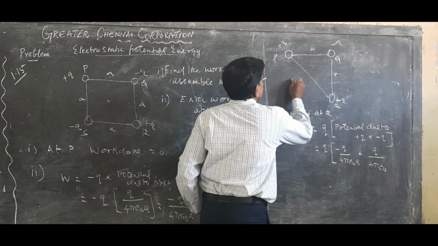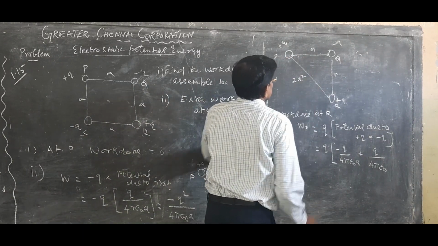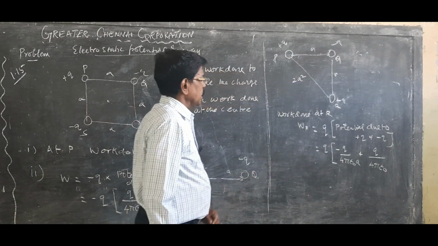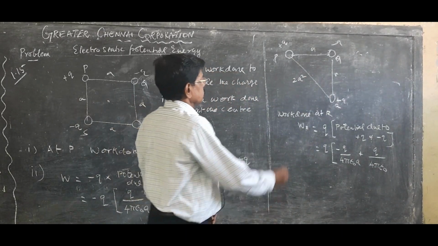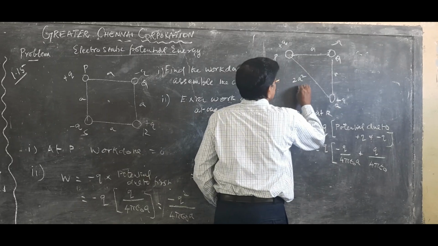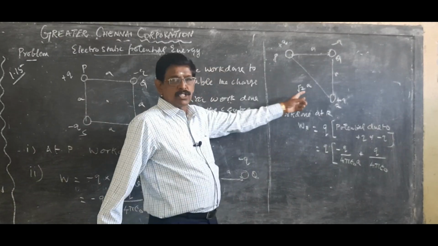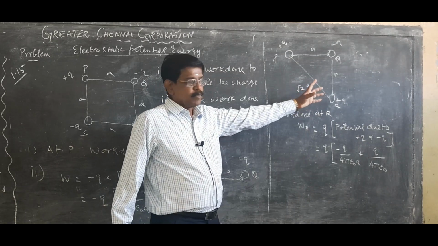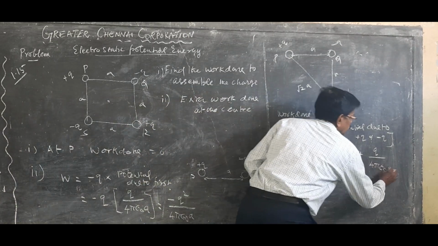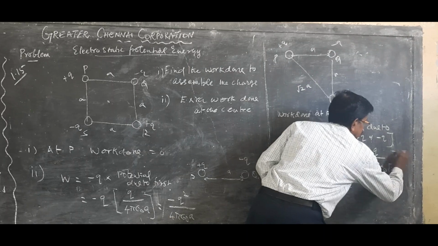A square plus A square is 2A square. The value of PR squared is 2A square, so the value is root 2 A. This distance is root 2 times A.